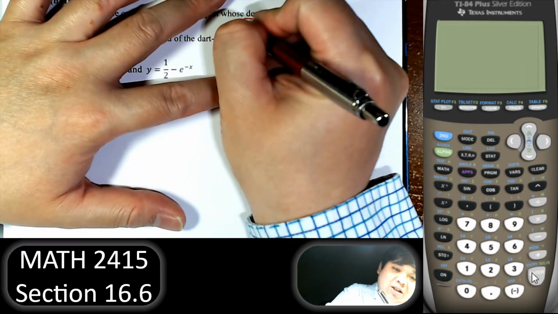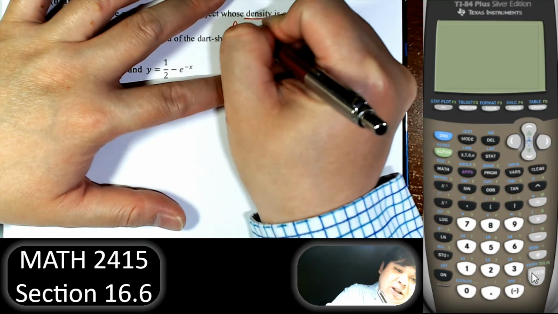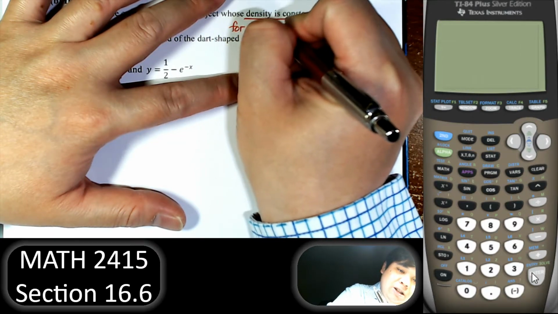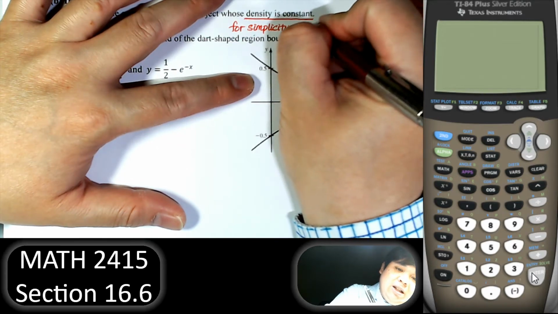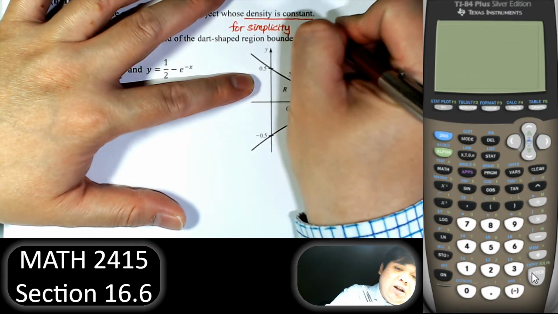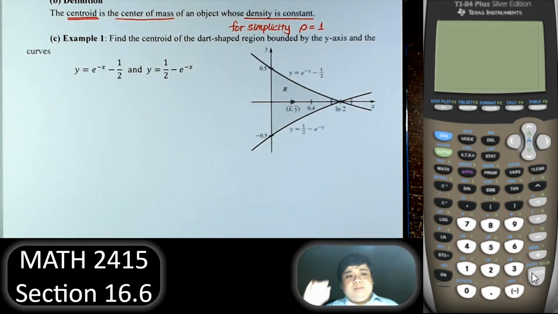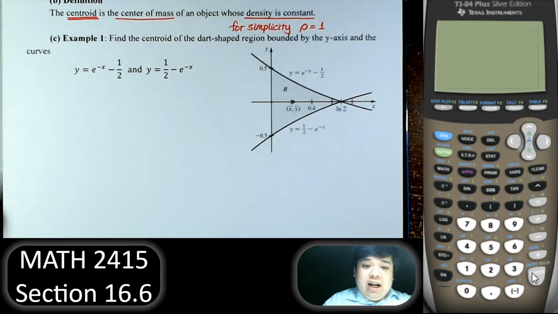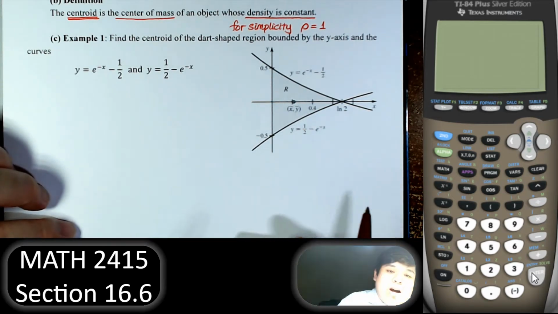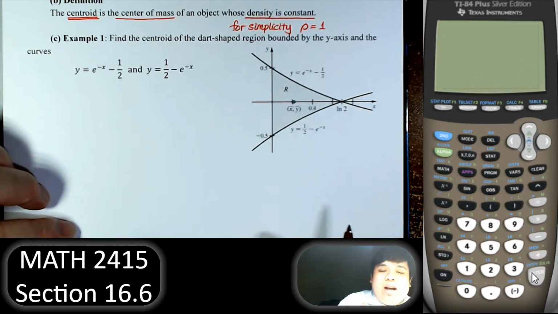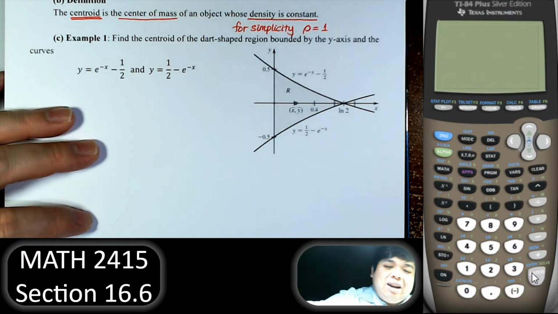So density is constant. For simplicity, we can let density equal 1. For calculation, it is easier to let it equal 1, because when we divide them, it will cancel out. However, that is for the center of mass.